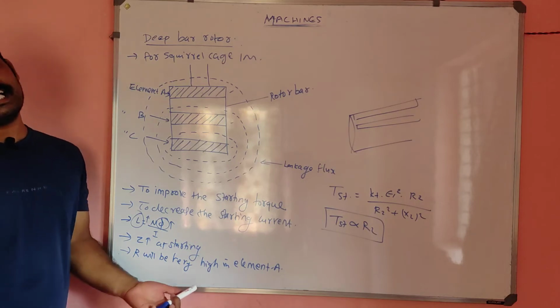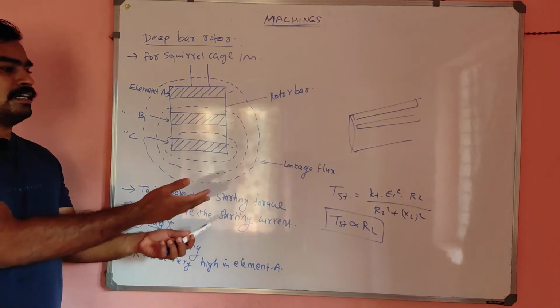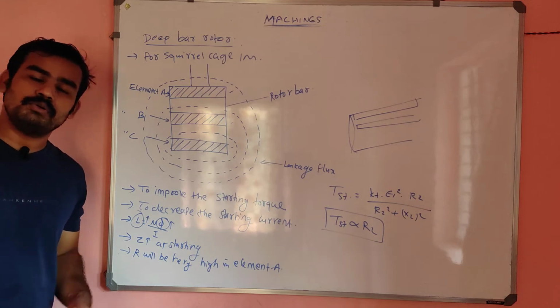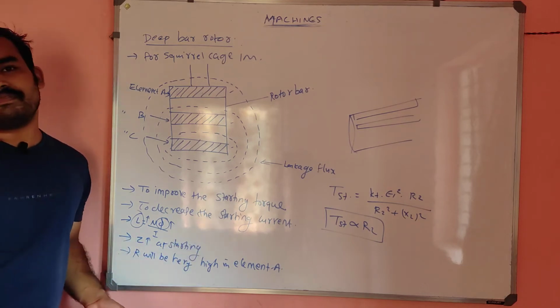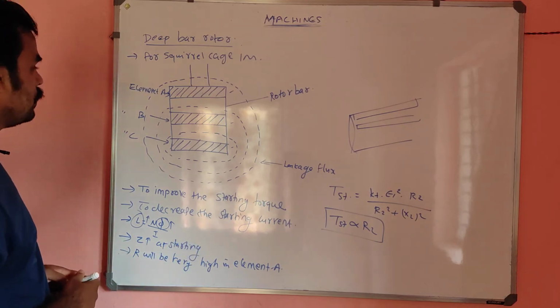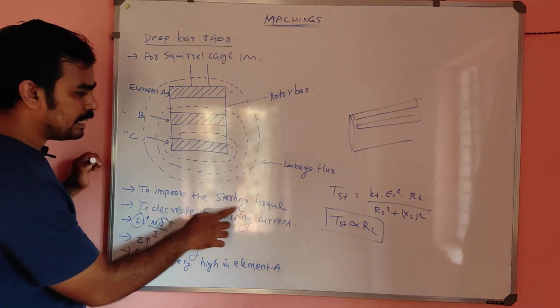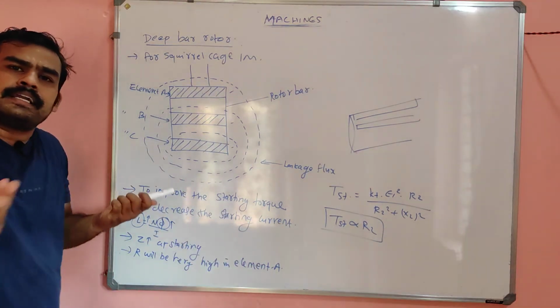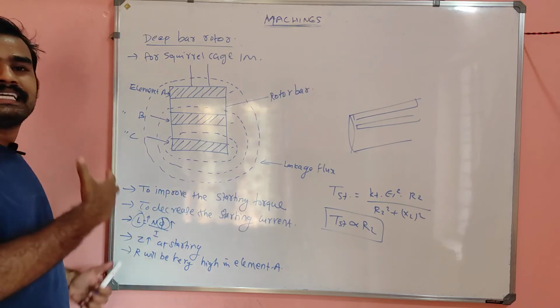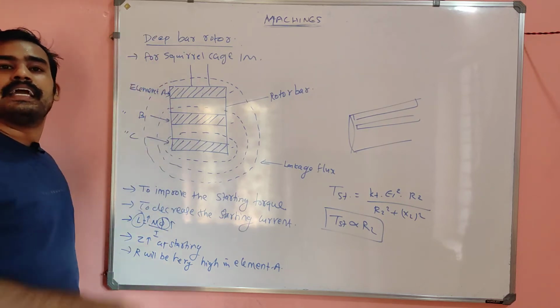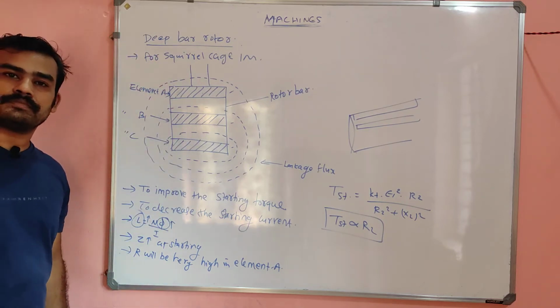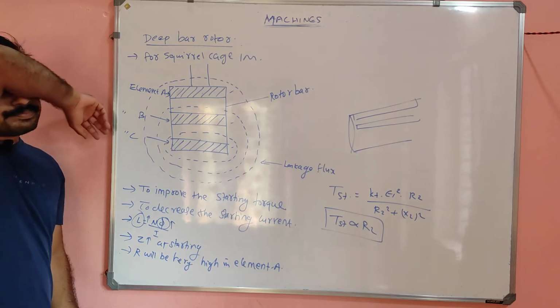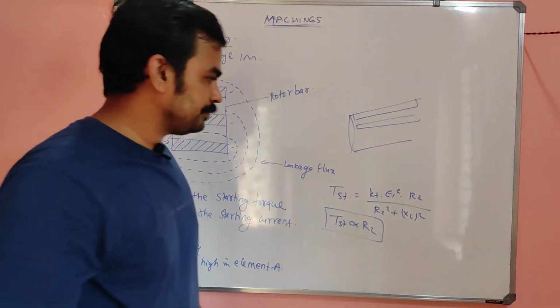Clear? And less current will be flowing, of course, because the resistance is very high now. So due to that high resistance, the starting current is also very less. So we improve the starting torque and we reduce the starting current. Those two functions can be done by using a deep bar rotor. Is it clear?